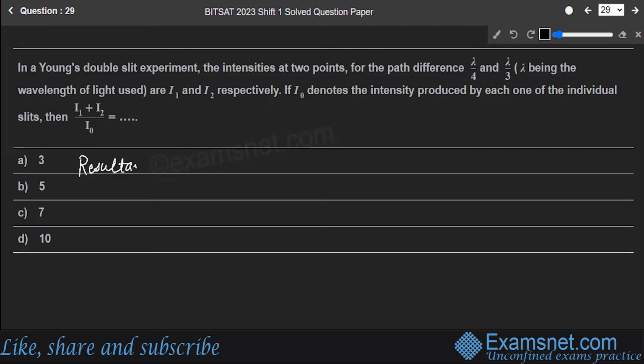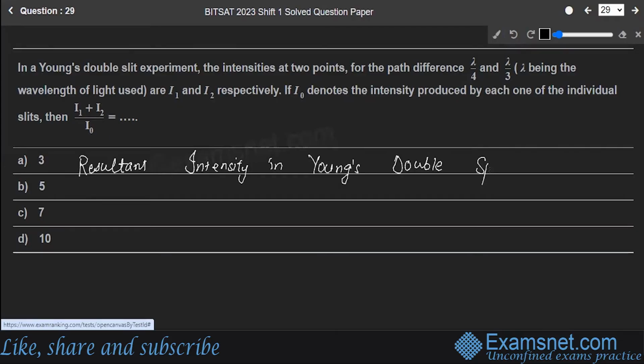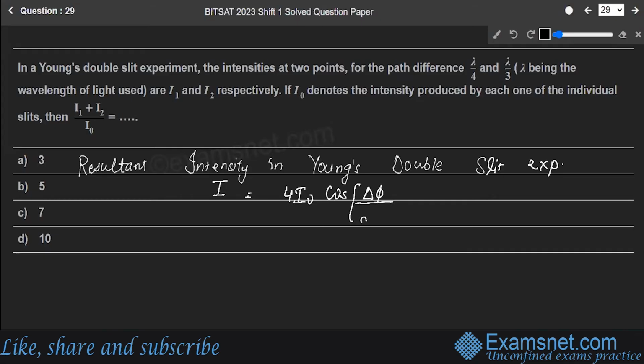Resultant intensity in Young's double slit experiment is given by I is equal to 4I naught cos square of phase difference upon 2.